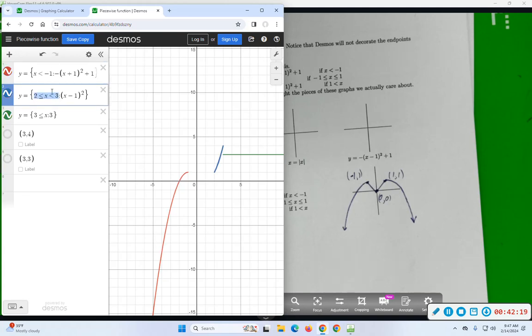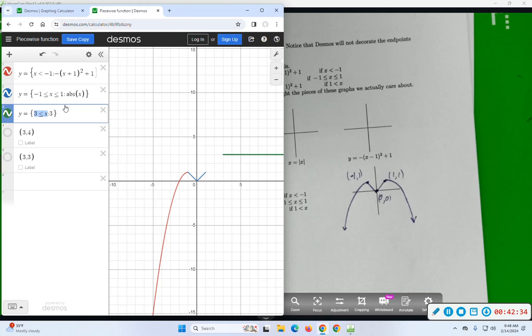When negative 1 is less than or equal to x is less than or equal to 1, you have the absolute value of x. And then when 1 is less than x, you have negative x minus 1 squared plus 1.